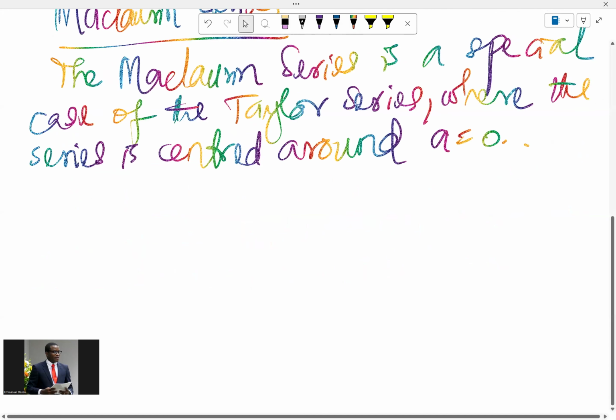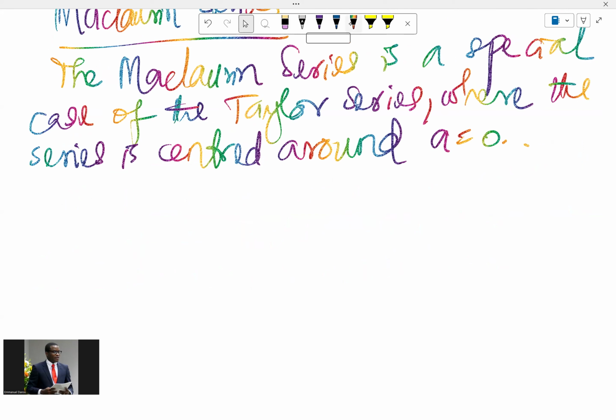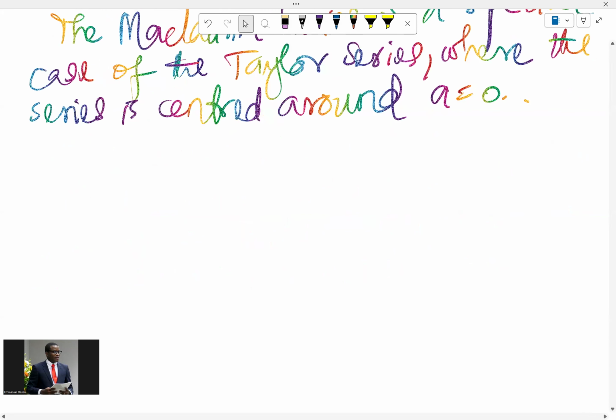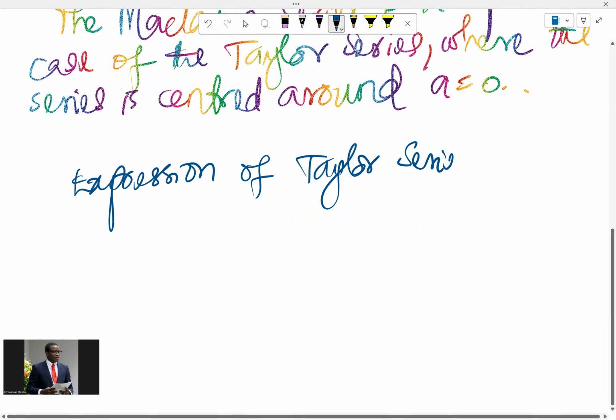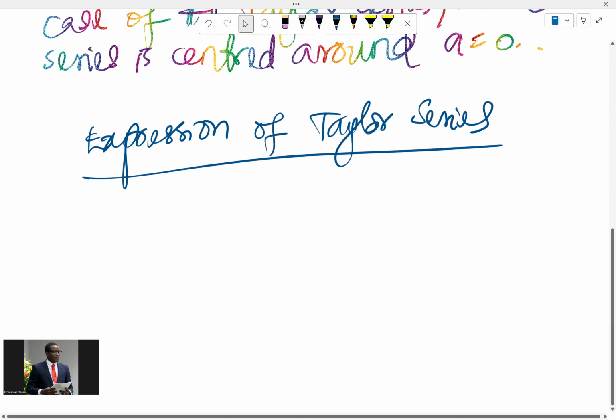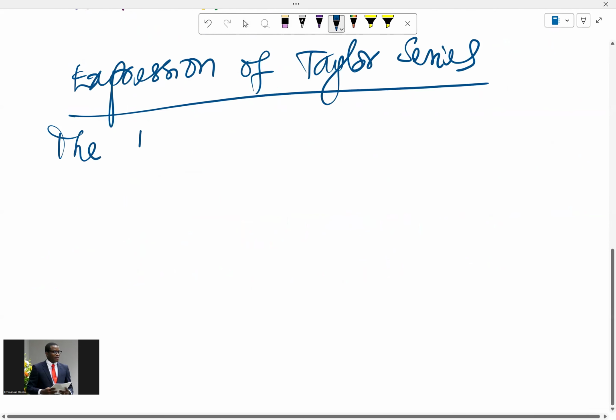Okay. Now let's see the expression of Taylor series. This is how that looks.